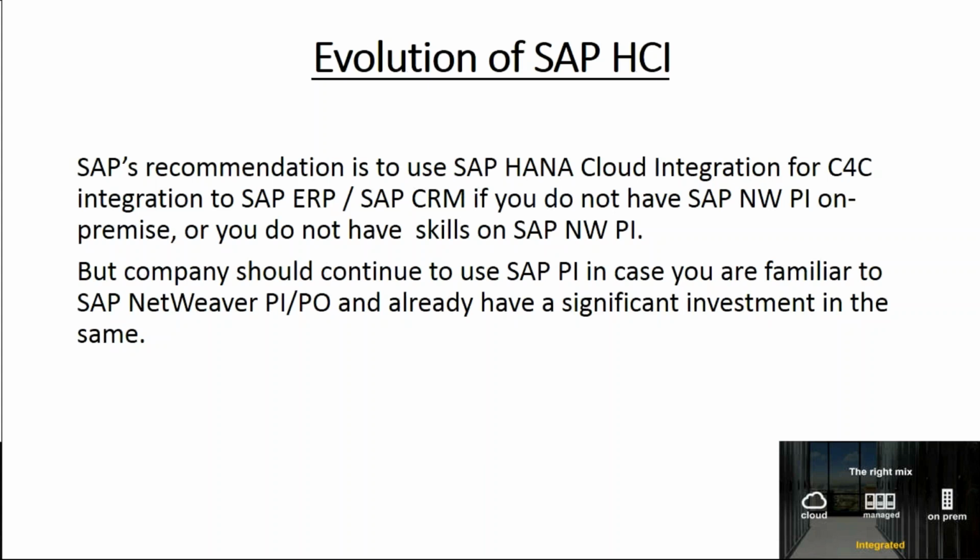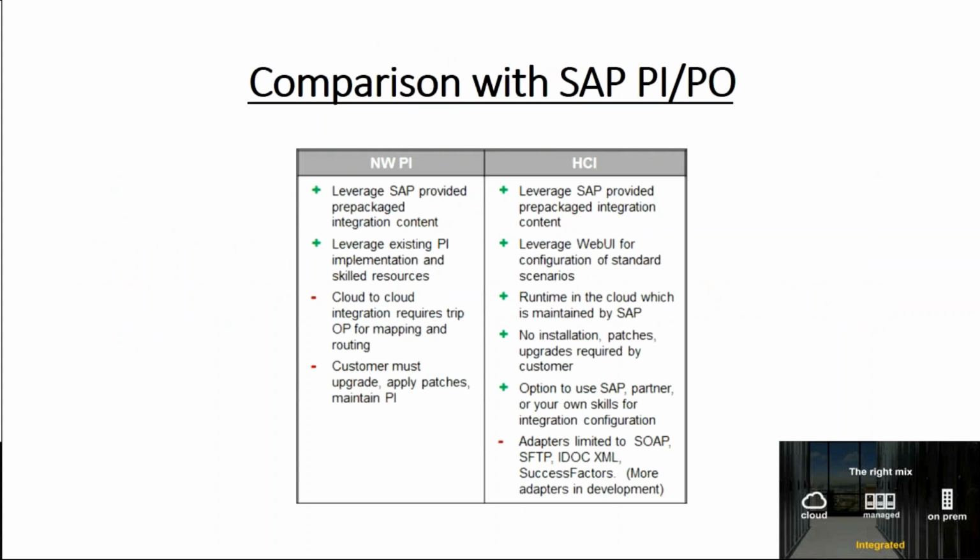If they require specific integration adapters like EDI adapters, Java messaging adapter, JDBC adapter, then also they should go with the PIPO rather than coming into HCI, because these features are still not yet available in the HCI. Anyway, so this is a little bit of comparison.